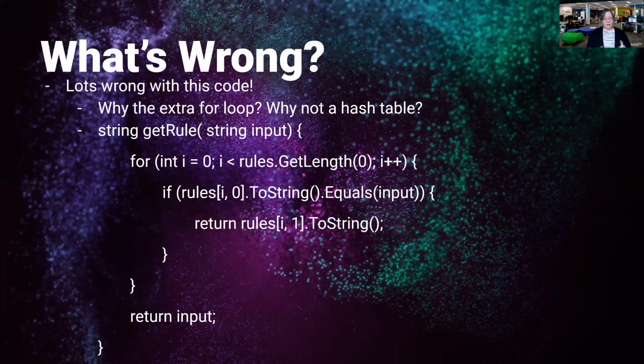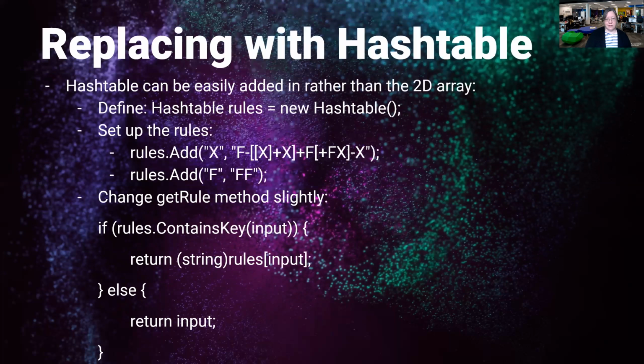So let's look at the things that are actually wrong with this code. First of all, there's an extra for loop in getting the rules. Why not just use a hash table, string goes to rule, for the replacement? That was the first thing that I changed, and it's pretty easy to add a hash table into it.